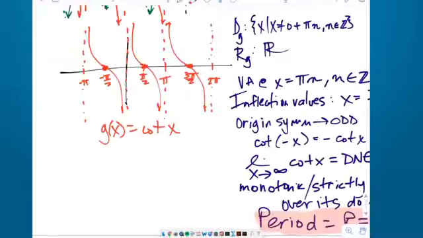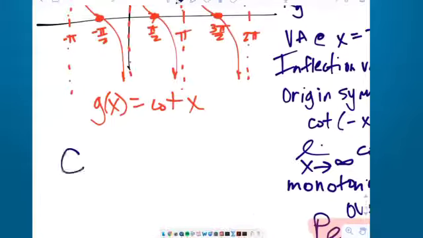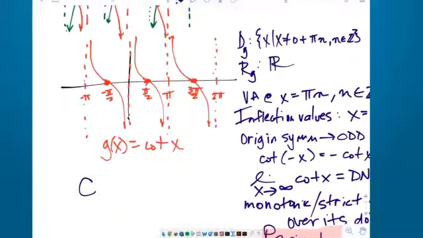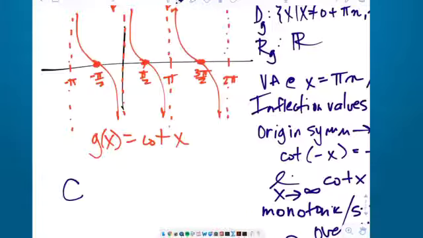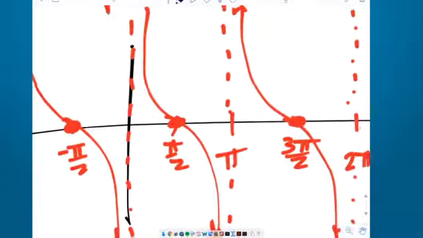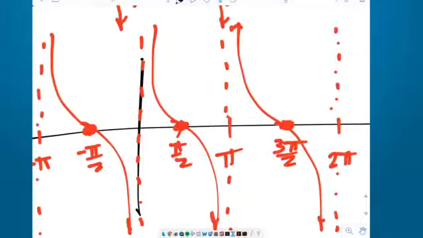All right, so to memorize this parent function, which is the last thing we'll do, cotangent, we got to reuse C if you want to use that method, because we've already used C for cosine. But for cotangent, it starts where? On the y-axis, we start with a what? A vertical asymptote.